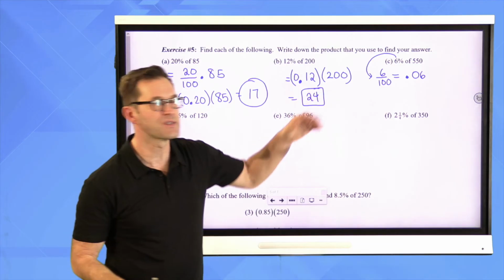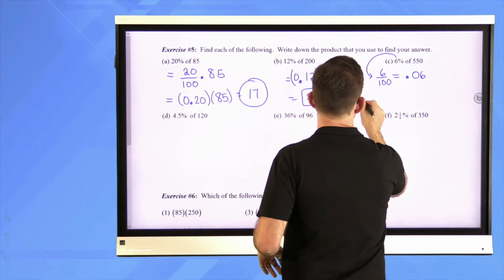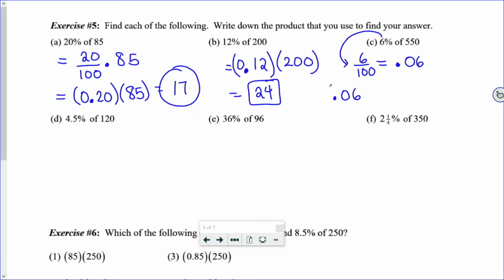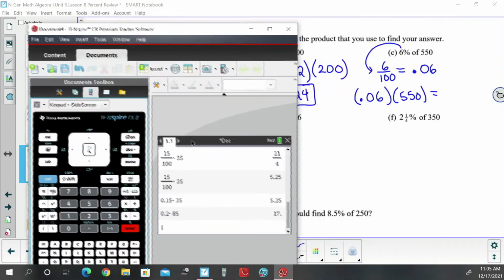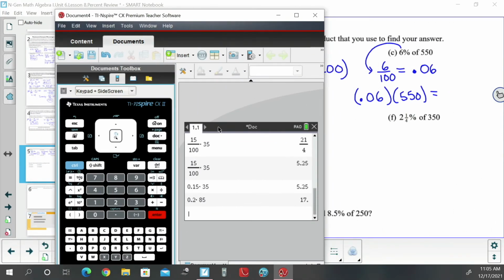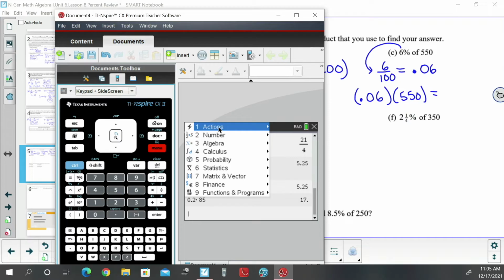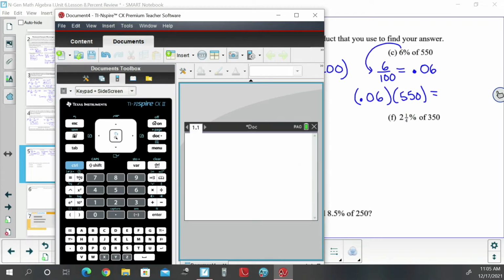So 6% of 550 would be 0.06 times 550, and that one I don't so much want to do in my head. So 0.06 times 550 gives me 33.